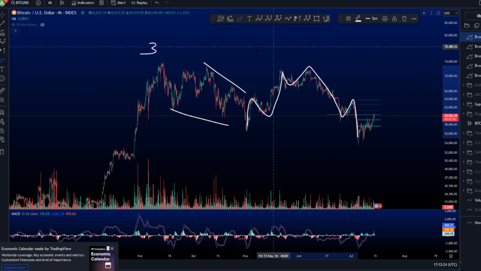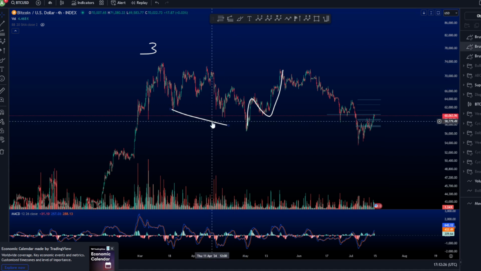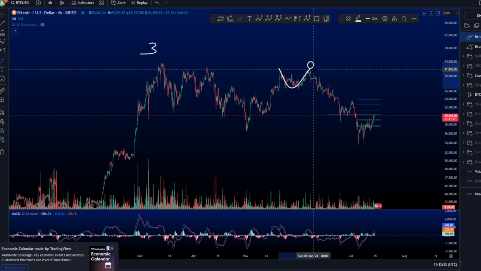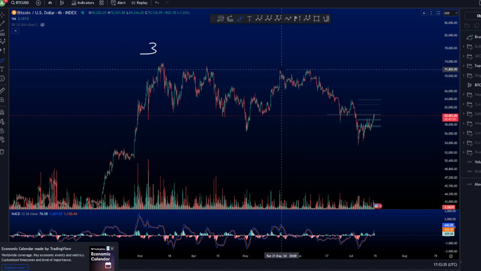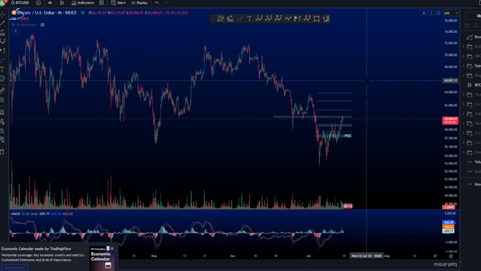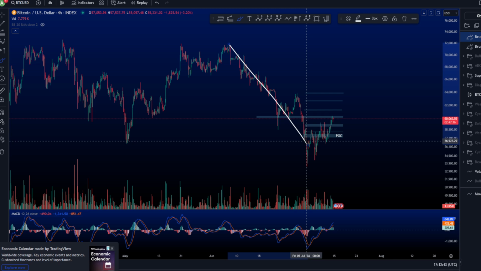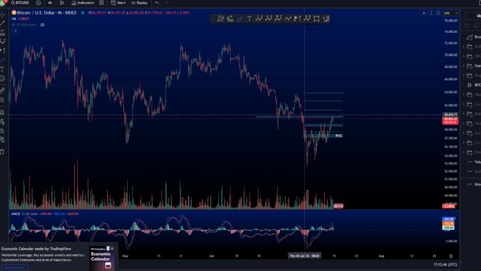Now, of course, there is some problem with this structure, because in an impulse 1, 2, the 2 is not allowed to hit the 1, right? So that is a lower possibility, and that is what makes this downtrend very weird, because it looks like it is not finished.